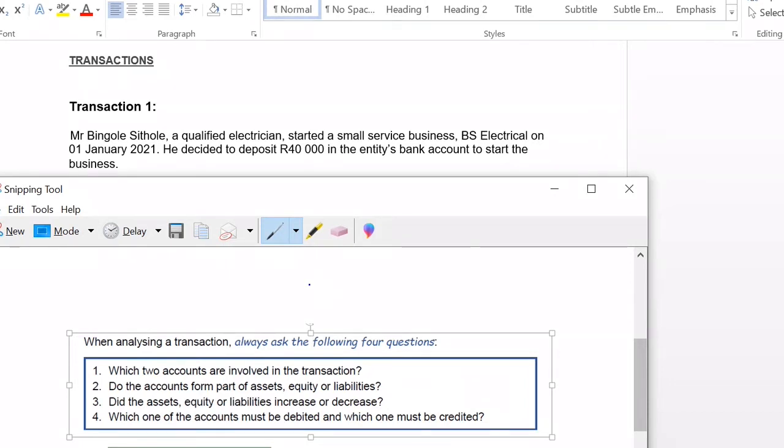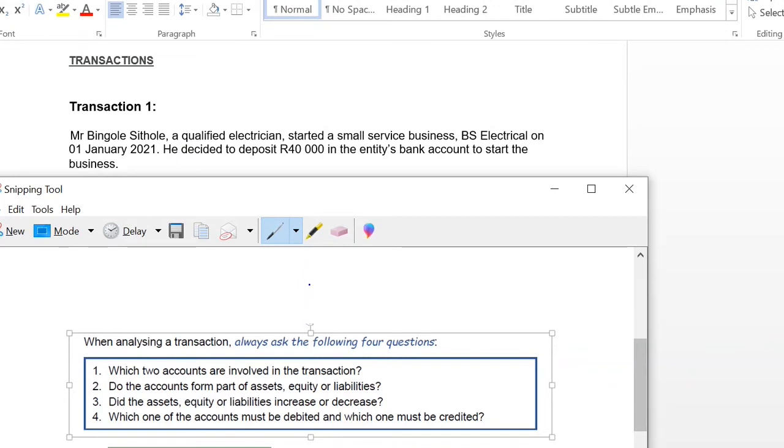In this transaction, you are the bookkeeper or accountant of BS Electrical, so you need to record transactions and understand this one. Mr. Bungole has appointed you to do his books.